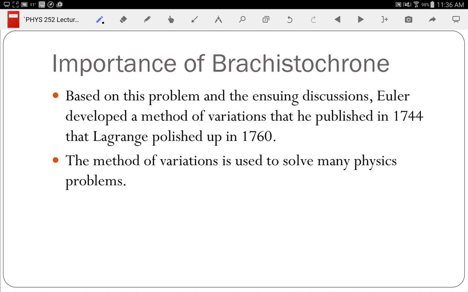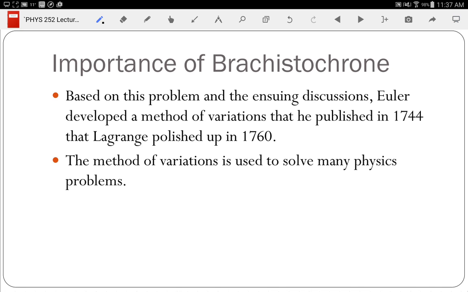In your class, you have learned to solve basic dynamics problems, either using forces in Newton's second law or work-energy relations. We use the method called Lagrangian mechanics, which is, and you see Lagrange up there, a method of variations, as a third way of solving those problems.